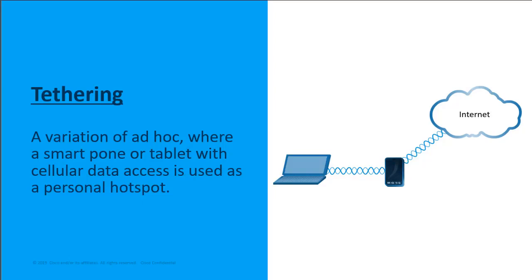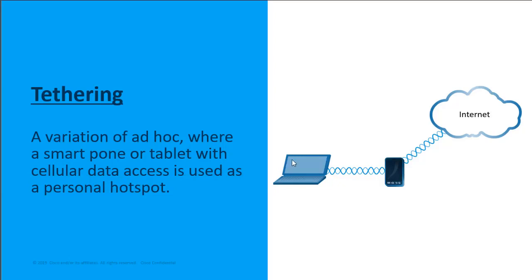So while the cellular device itself is having a connection to the internet, it is also creating a wireless signal for wireless PCs, wireless tablets, and other devices to connect to the phone or tablet that's running cellular as a wireless router.